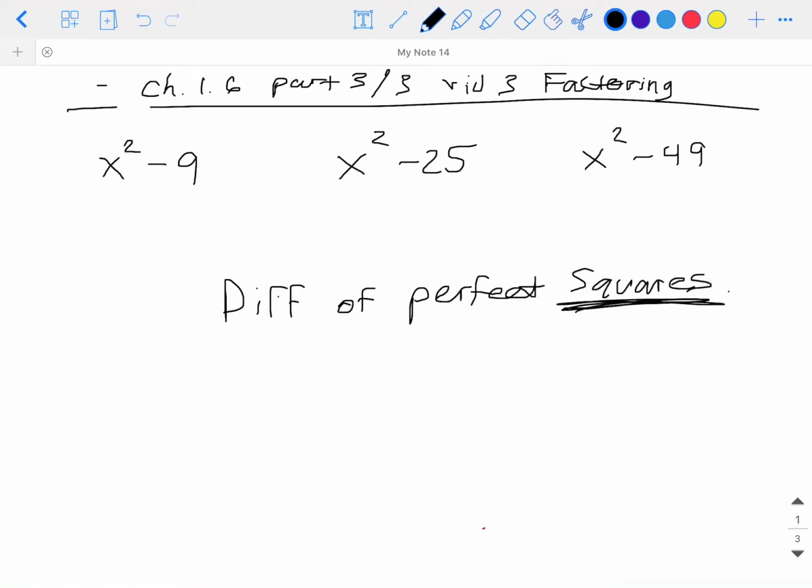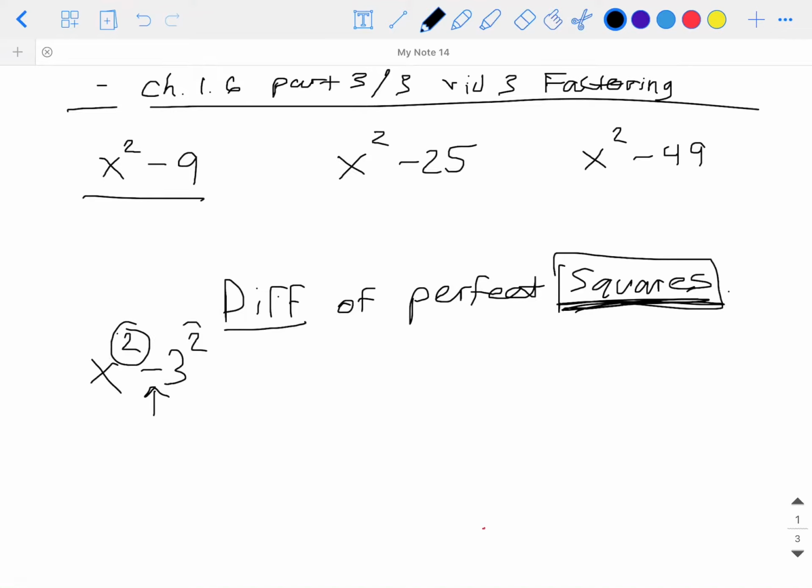Difference of perfect squares should be a type of algorithm that you want to apply to these kinds of terms. x² minus 9 can also be rewritten as x² minus 3². The word difference means subtraction, and perfect squares means that you have anything with 2 as an exponent.